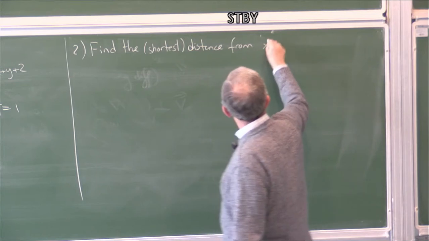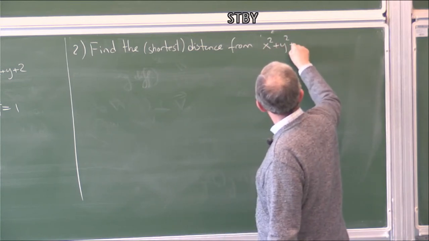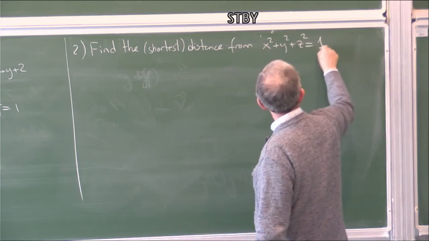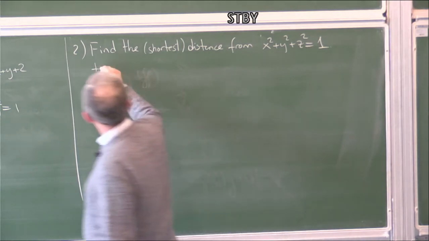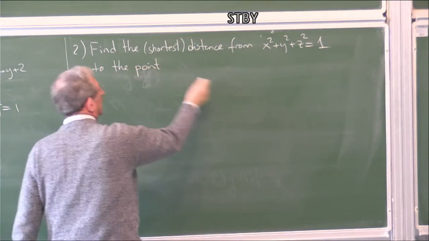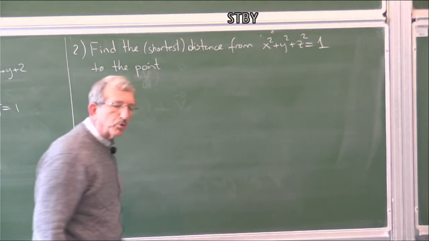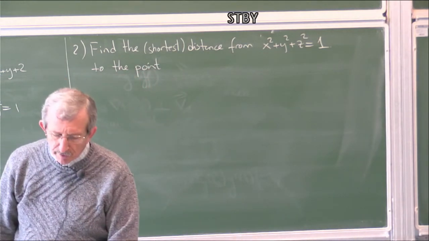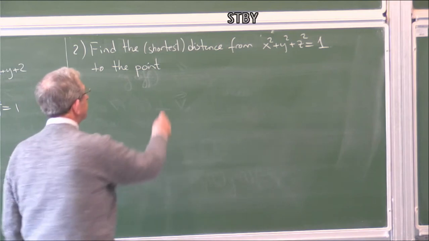From x squared plus y squared plus z squared is 1 to the point. By the way, this is a sphere, of course, to the point, say, 1, 1, 3.